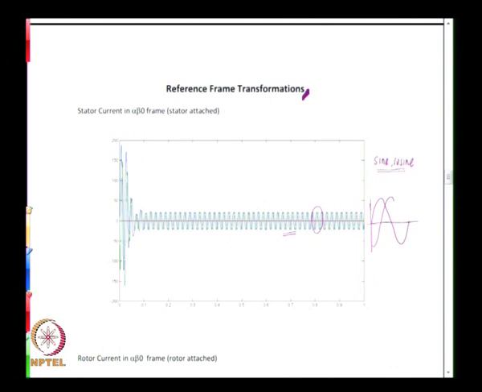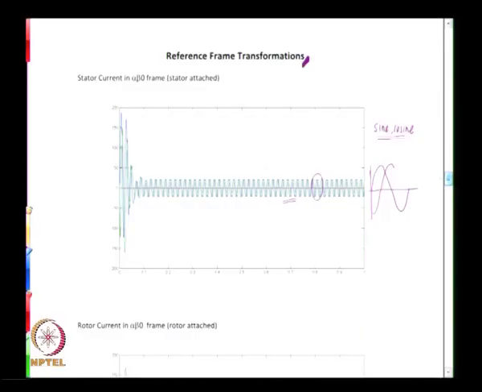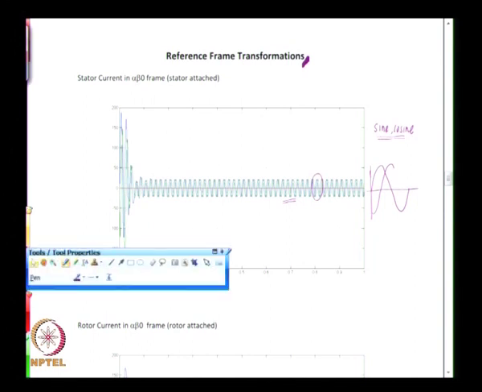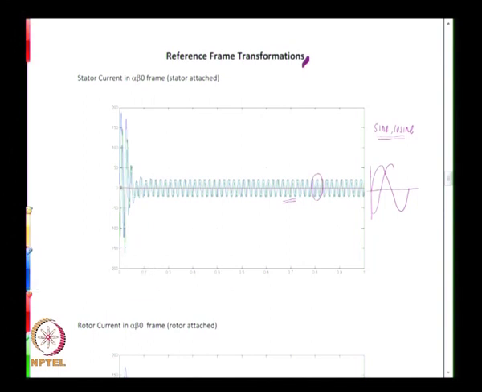If you remember the lectures where we discussed the nature of the waveforms due to this 3 phase to 2 phase conversion, we remember that these were a sine cosine pair, and that exists right from the beginning. You can see that there are only 2. The red line that you see in the middle corresponds to the 0 sequence term.